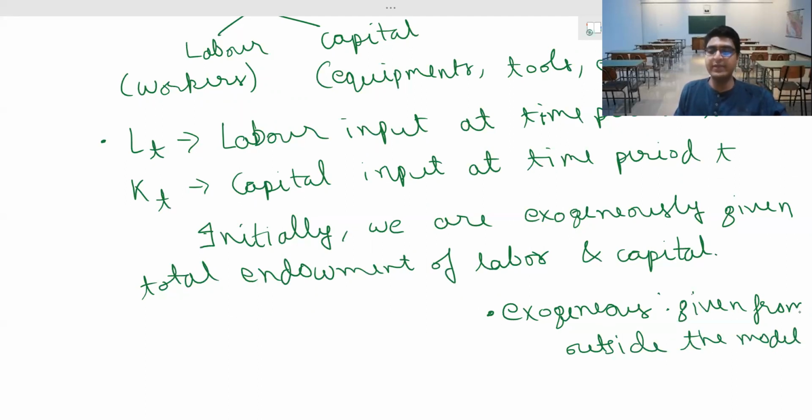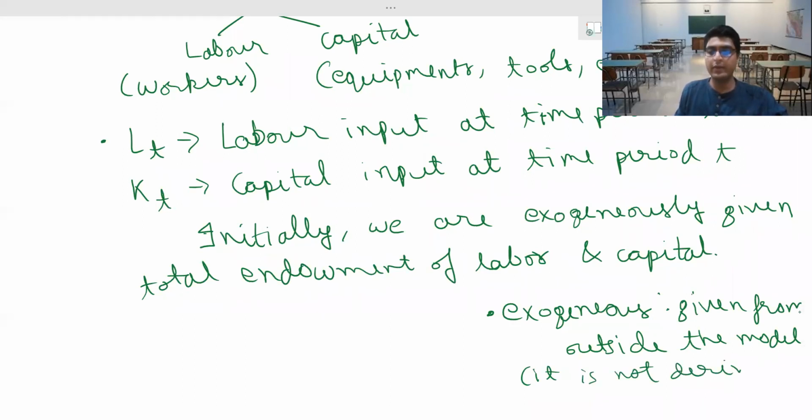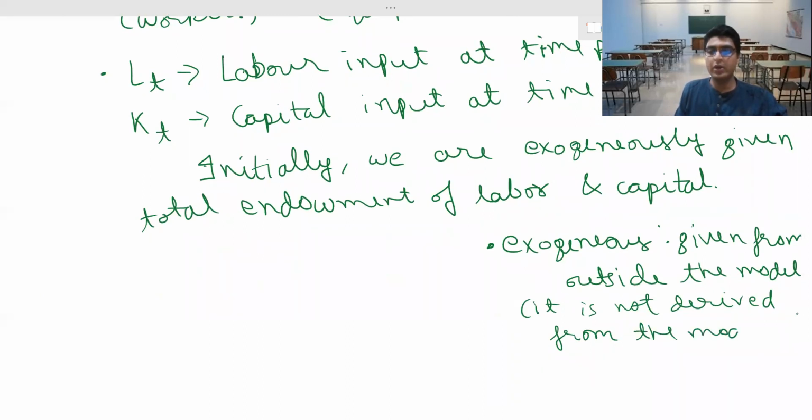Okay. That is something we are already given. We have not derived it. It is not derived from the model. Okay, so you already have it.